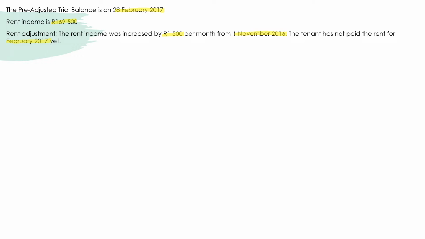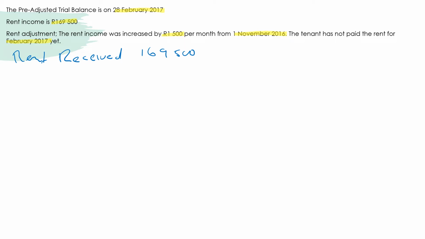Right, and given that amount, the working that we just need to do, right? So the rent received is 169,500. That's the amount of the rent received.